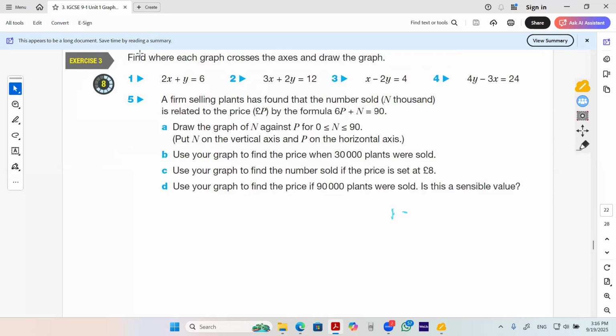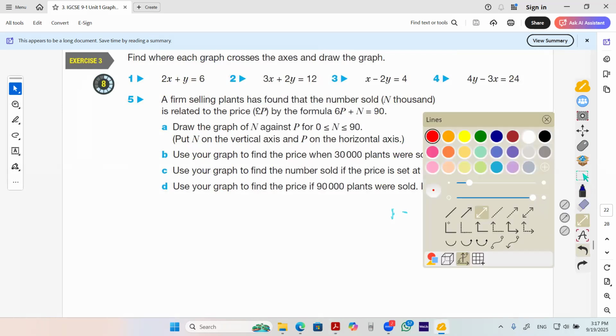This question, read it. Find where each graph crosses the axes and draw the graph. Nice.